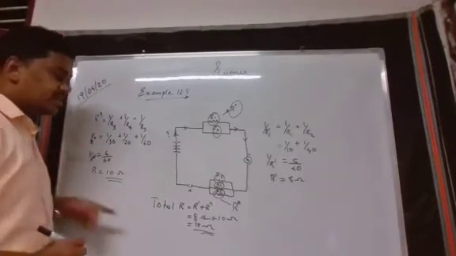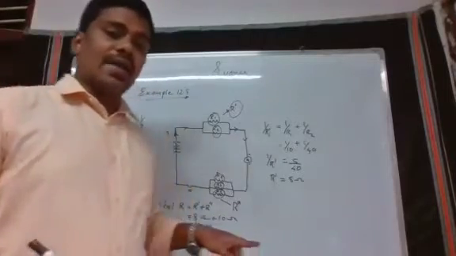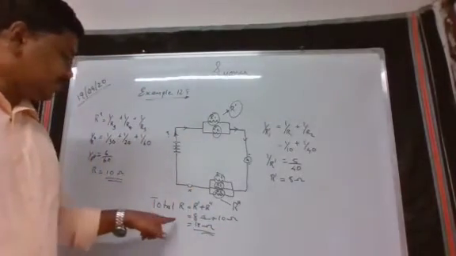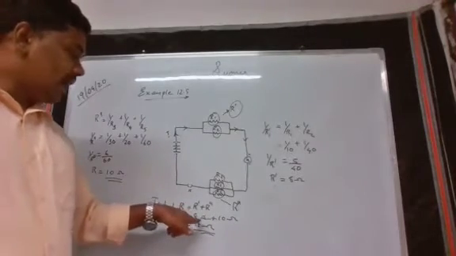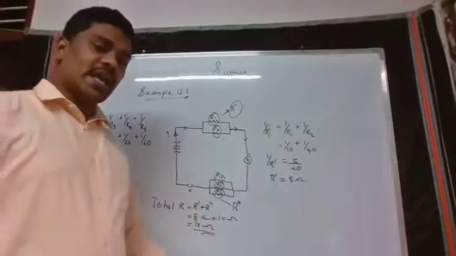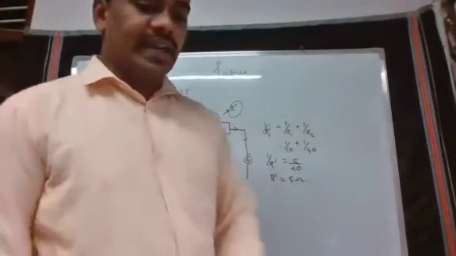Total resistance R is equal to R dash plus R double dash, 8 ohm plus 10 ohm, that is 18 ohm. And next we have to find the second part.